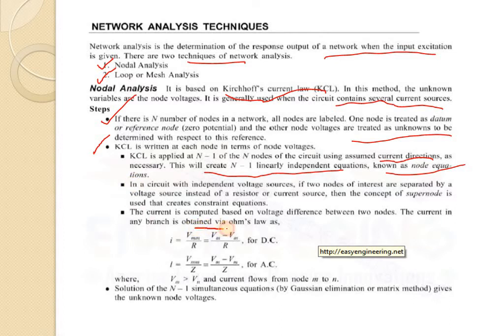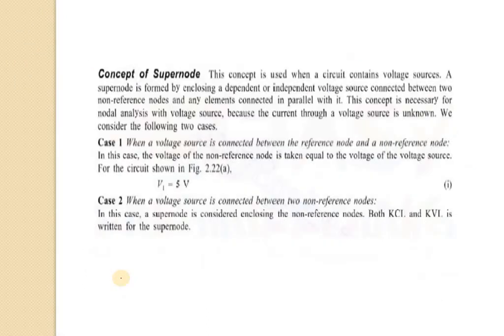That means if we want to determine the current between P and M, then it will be (Vp minus Vm) divided by R for DC, and if it is AC, then it will be (Vp minus Vm) by Z, where Z is the impedance. Next, by solving the n-1 simultaneous equations using Gauss elimination or the matrix method, we can calculate the unknown node voltages.